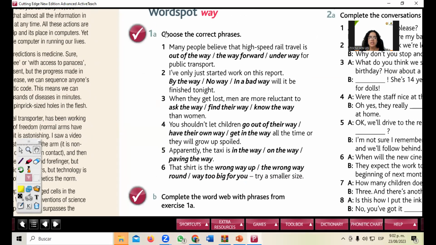You're going to read and choose the correct phrase, the correct expression to complete the sentence. Out of the way, forward, underway. By the way, no way, in a bad way. Ask the way, find their way, know the way, and so on. Okay, so I'll give you some minutes to check the activity, and then we will correct it together.